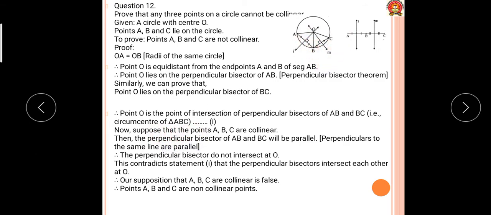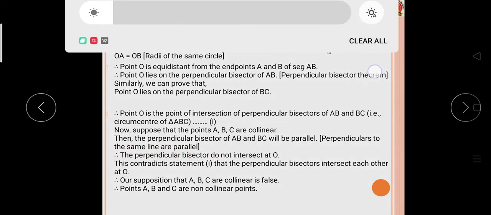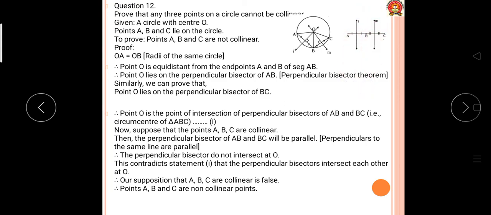Now suppose that the points A, B, C are collinear. See here, they are collinear. Then draw the perpendicular bisectors of AB and BC. Will they be parallel? Yes, because both are perpendicular to the same line, which means lines L and M are parallel to each other.